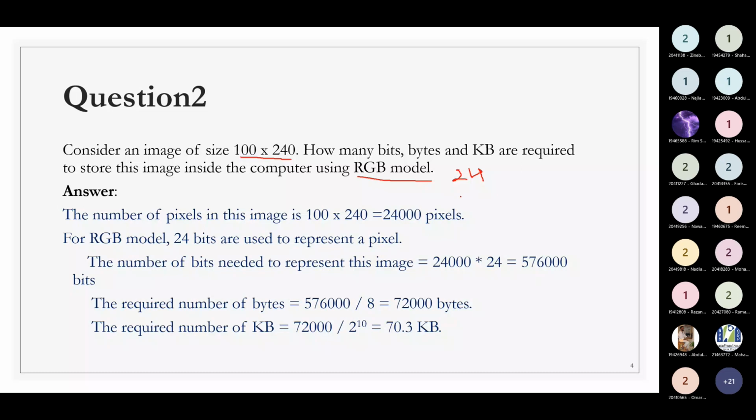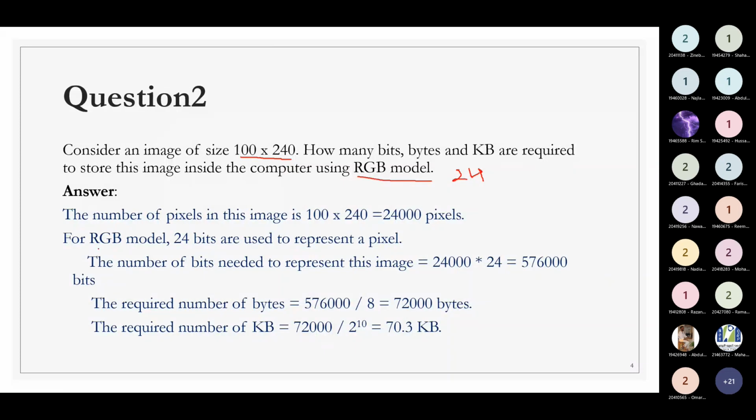We will follow the same steps. First, we calculate the number of pixels in this image: the number of rows multiplied by the number of columns, which equals 24,000 pixels. For the RGB model, 24 bits are used to represent each pixel.